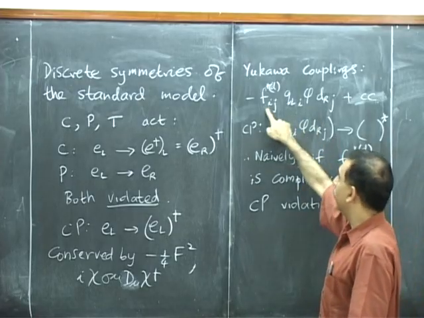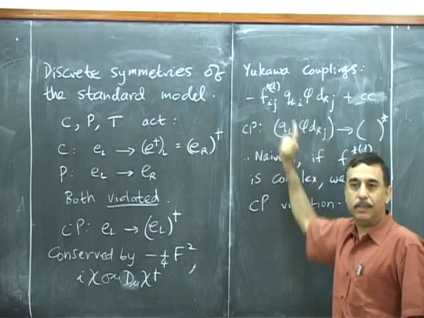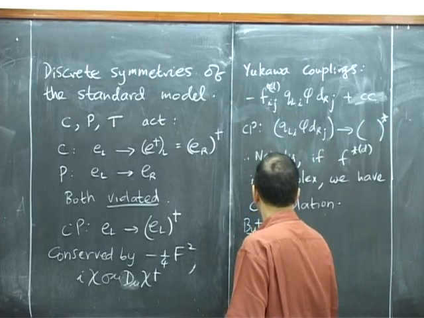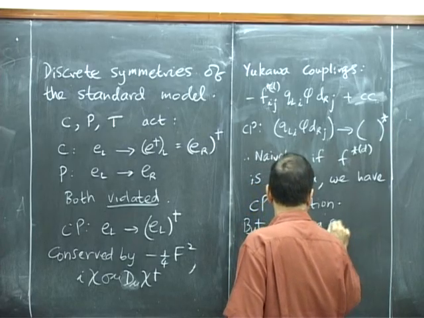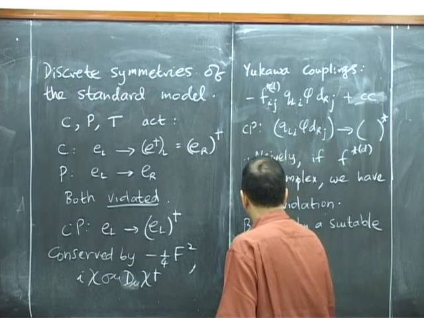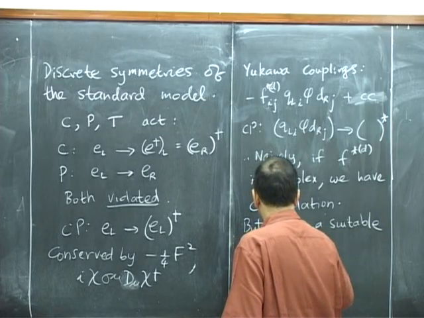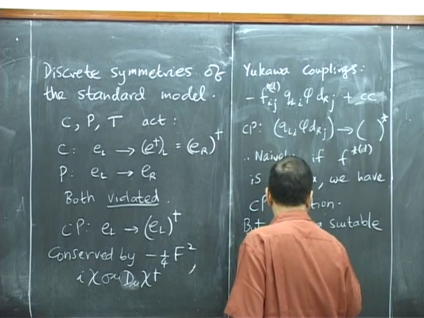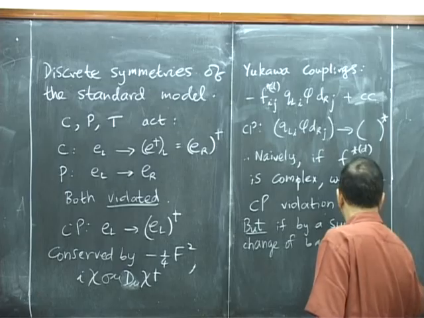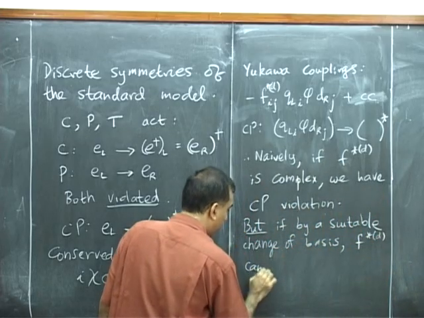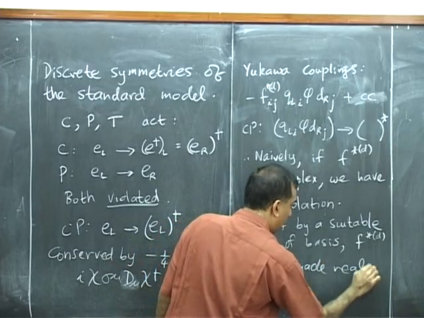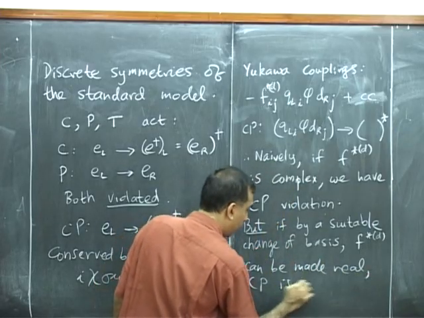If by a suitable change of basis I can make these F real, then CP is conserved. That's really the one line statement.